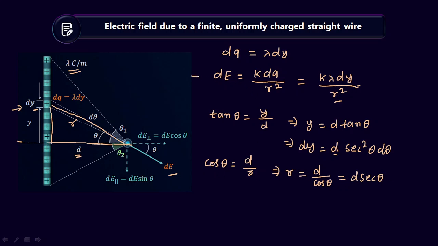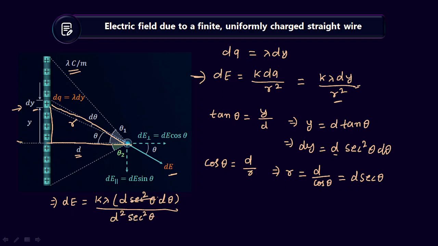So now we can put the values in dE. We can write dE equal to k lambda, and dy is d sec square theta d theta, divided by r square, and r here is d sec theta, so d square sec square theta.